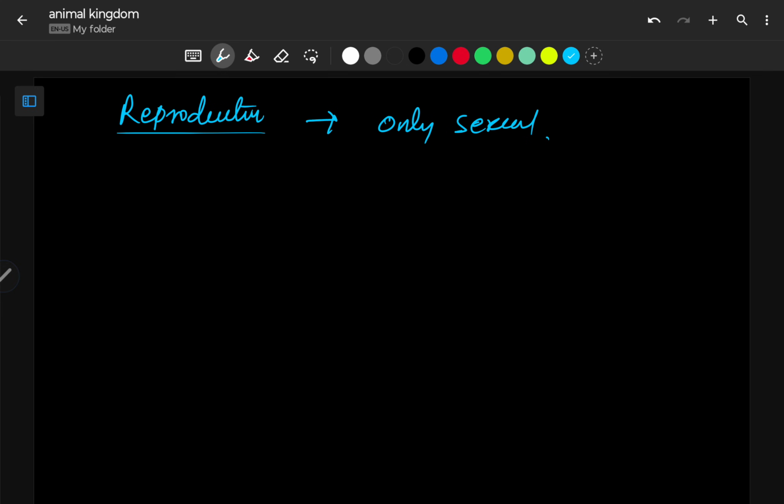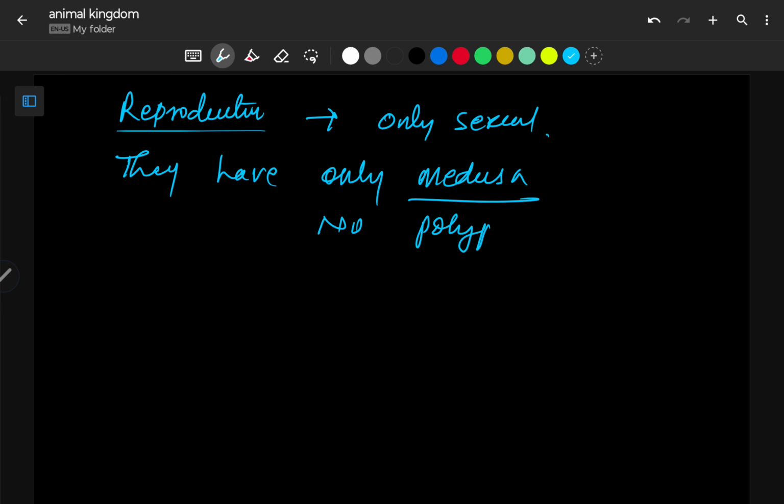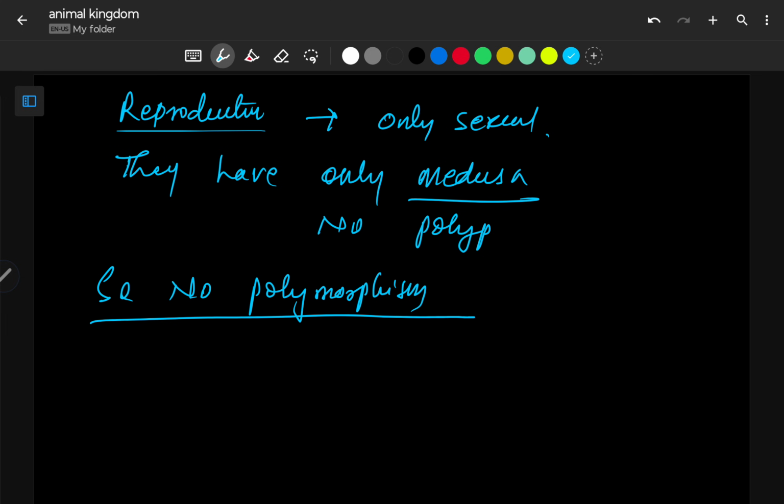So since there is only sexual reproduction, they have only medusa, no polyp. Very, very important. So no polymorphism. Okay, this is very important. And the body is hermaphrodite, means bisexual.